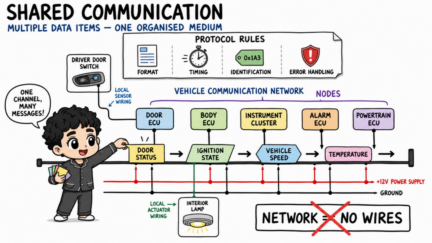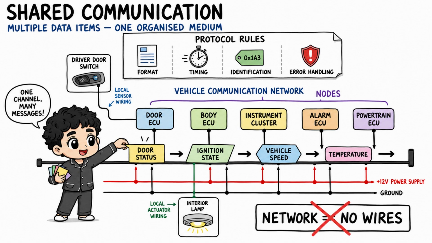Vehicle communication networks solve this problem by allowing several electronic nodes to exchange digital information through organized communication channels. A node is an electronic device connected to the network. In a vehicle, a node is often an ECU, although sensors, actuators, gateways, and other intelligent devices can also participate.